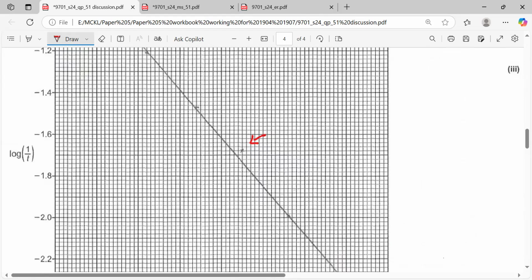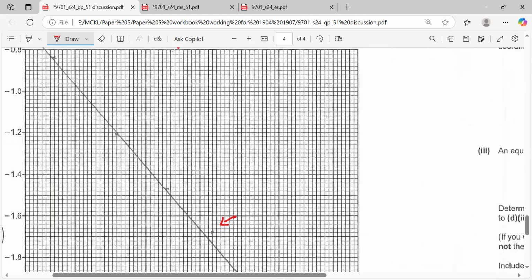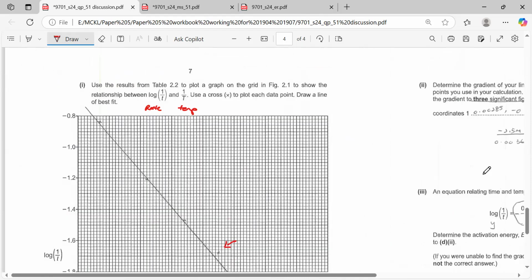0.00285 here. I think I should be able to track back. Just give me a moment. 0.0285. Okay. I should have made it a bit more obvious. Negative 0.8. Okay, I think I took this. Yeah.